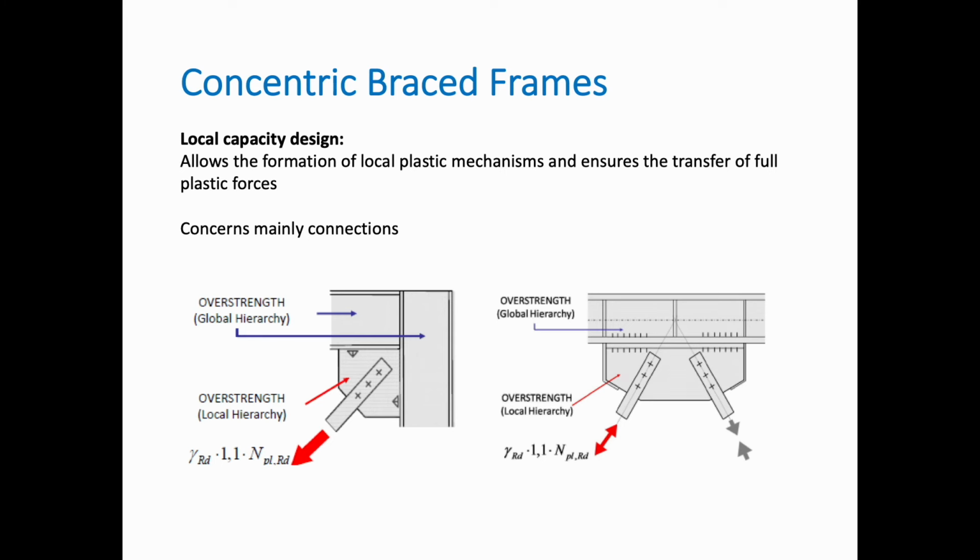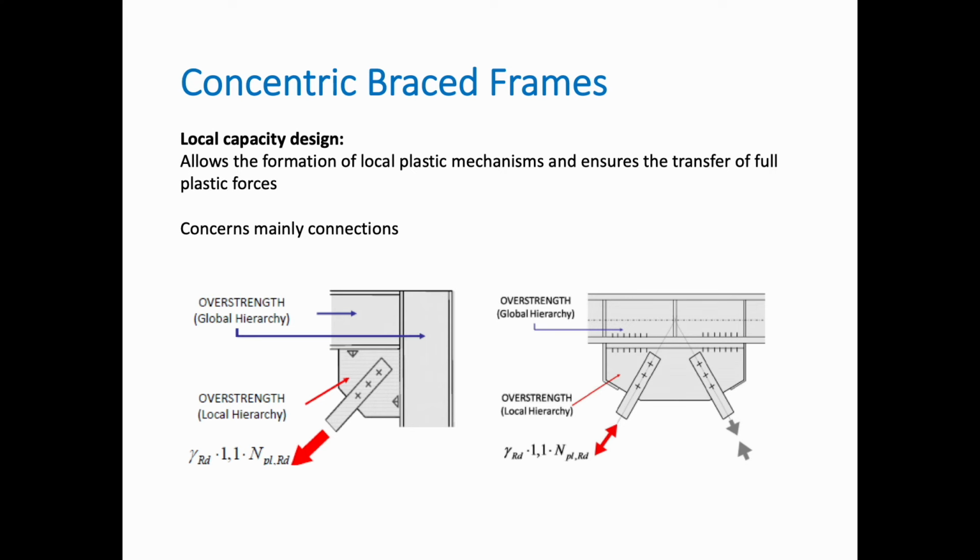On the left, you can see with the blue arrows that the beam and the column are over-strengthened, as well as the gusset plate of the connection, whereas for the brace we have the formula as we've seen before, with gamma RD times 1.1 times the NPLRD.